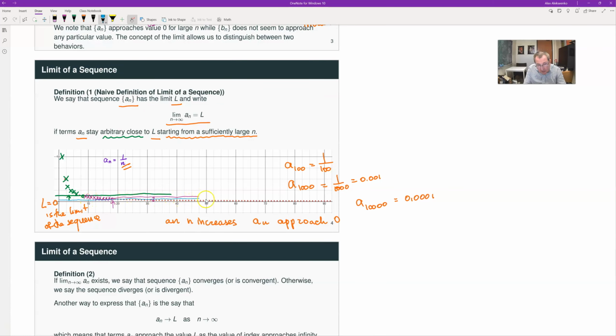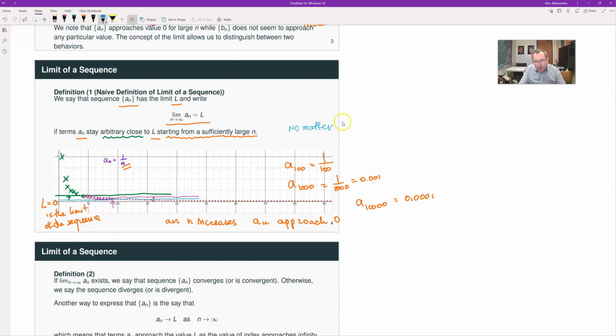And the claim is, it doesn't matter how close we put the line parallel to the x-axis. Eventually, elements of the sequence will go below that line and be squeezed between L equals 0 and that line, starting from some number. So let me write it down.